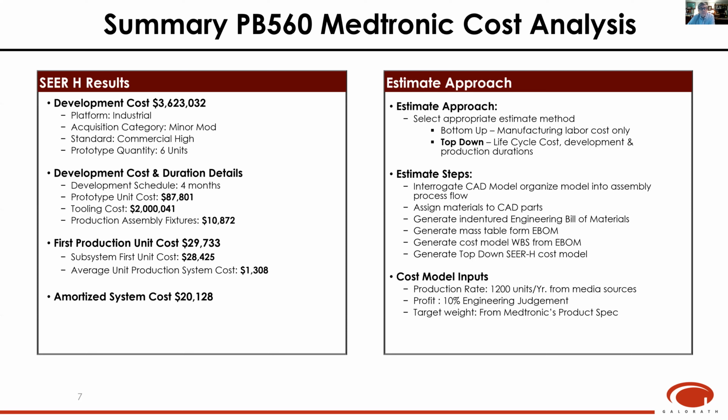We talked about building 1,200 units in a 4-month time frame. And when that was all sorted out, we had an amortized system cost of about $20,000 a unit. Now, it turns out that that $20,000 is very close to what's being sold on the market today. And so in many respects, our analysis validated what was going on in the medical device community for ventilators.